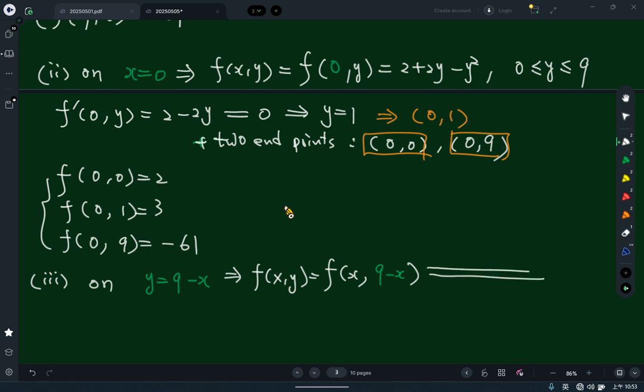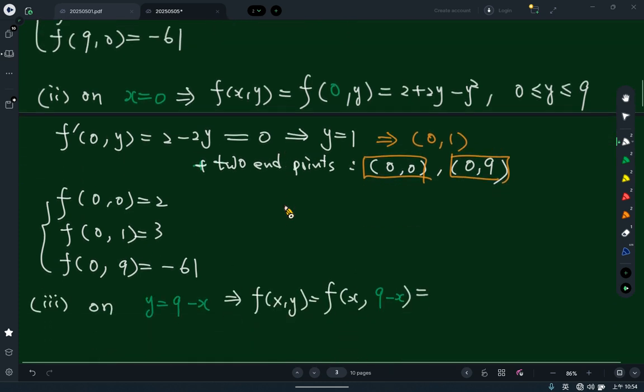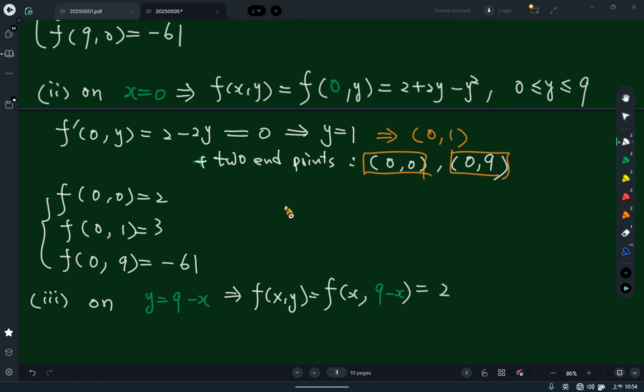Then we put it into the original function, which is 2 plus 2x plus 2y minus x squared minus y squared, where y is replaced by 9 minus x.